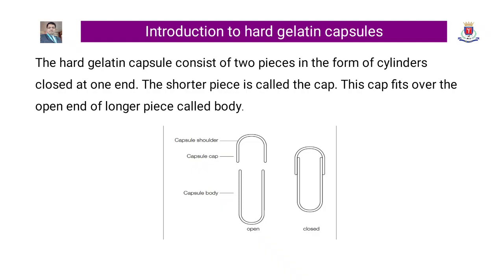One position is open, in which the capsule cap is separated from body and the parts of capsule shell is shown. The uppermost is shoulder, then cap and body. In the nearest figure you can see the position as closed. From these two we can understand how cap fits into body and how cap can be detached from the body.